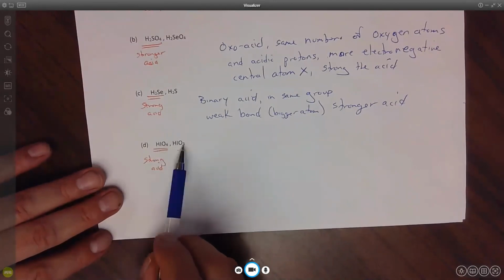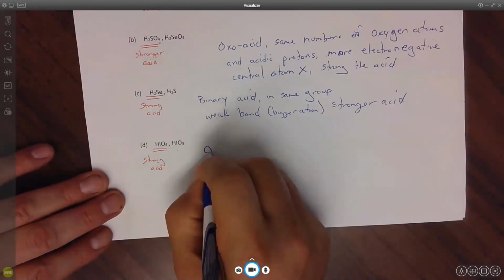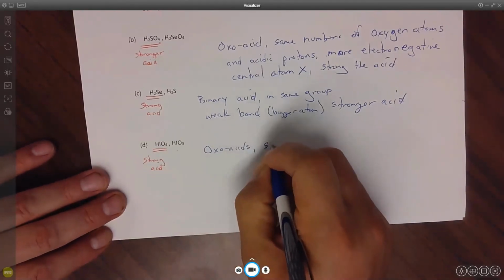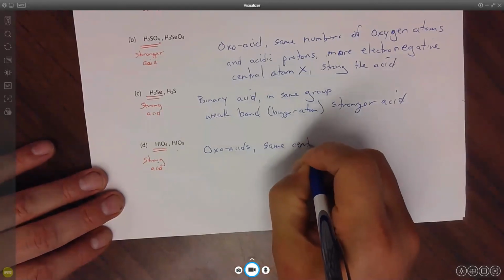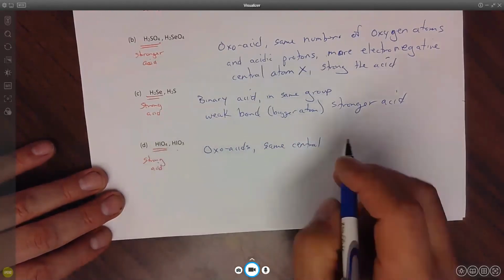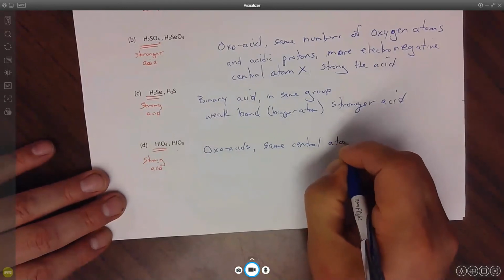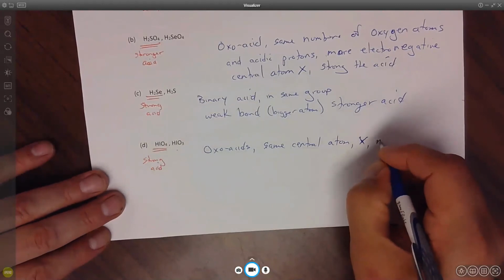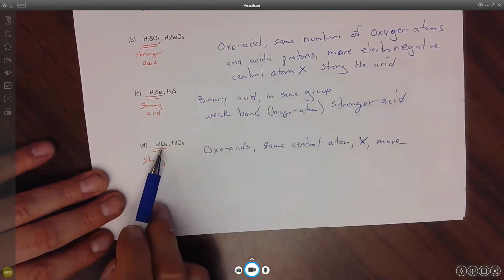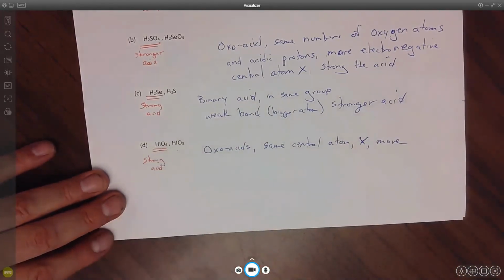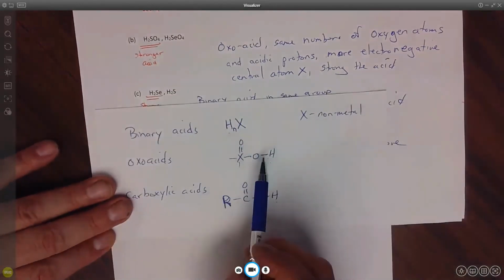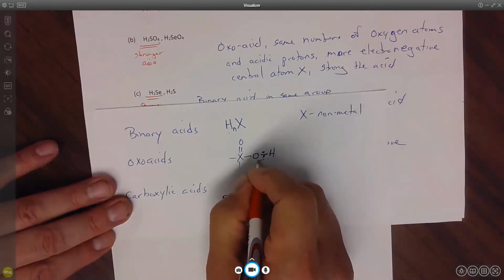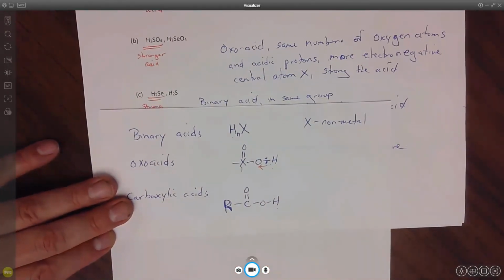Well, right. So we have two oxoacids with the same central atom, so the electronegativity of the central atoms is going to be the same. The more electronegative oxygens there are, the more they're pulling away this pair of electrons. The more we can pull those electrons away from the hydrogen, the stronger the acid is going to be.